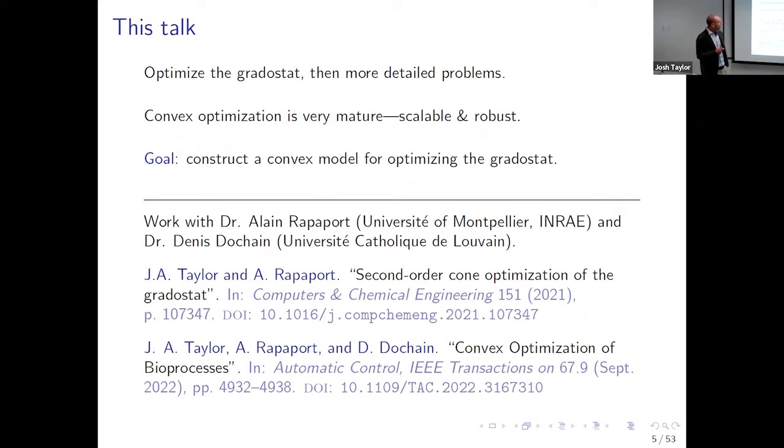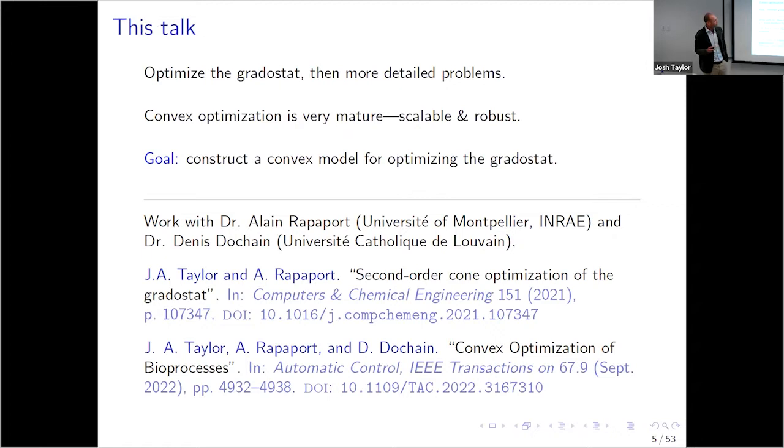So our basic perspective is that if we can figure out how to deal with the gradostat and deal with the challenging aspects, then we can work on all sorts of applications by adding on more detail. Both because it's scalable and robust, and because eventually you just start always doing what you know, convex optimization.